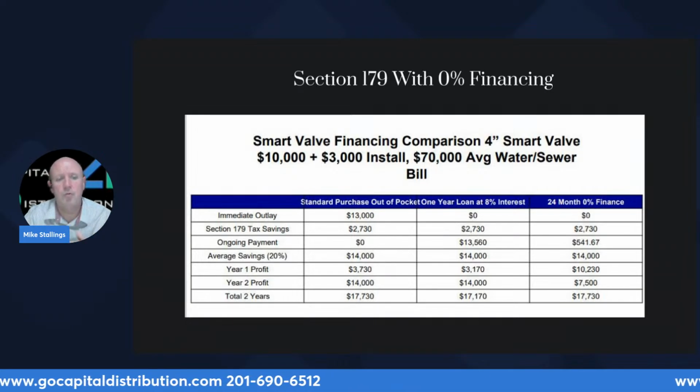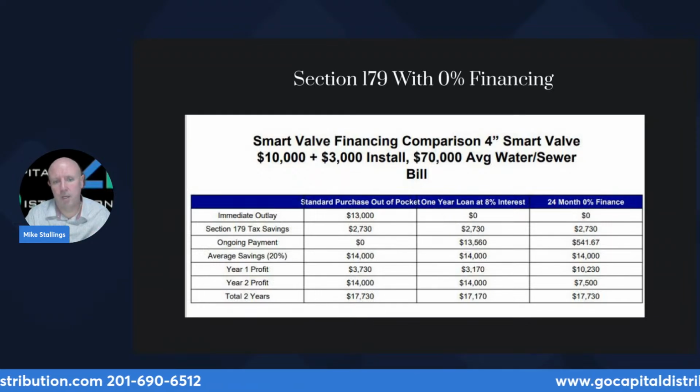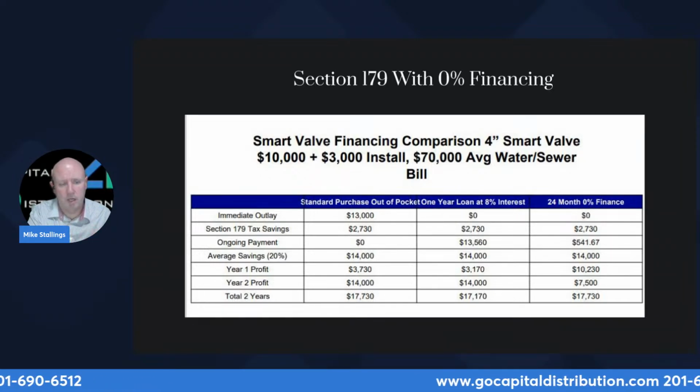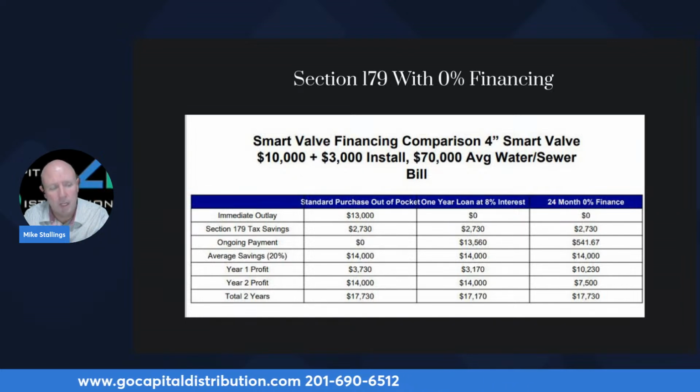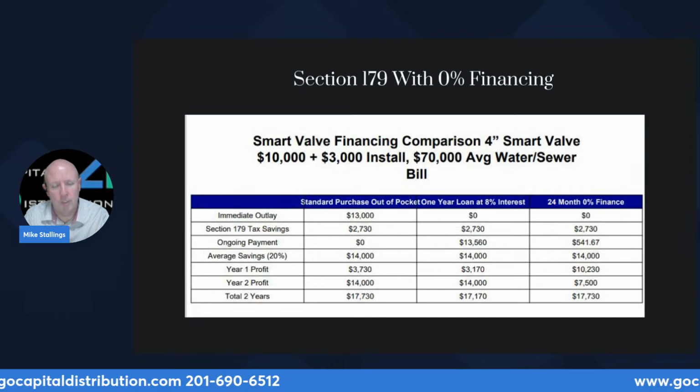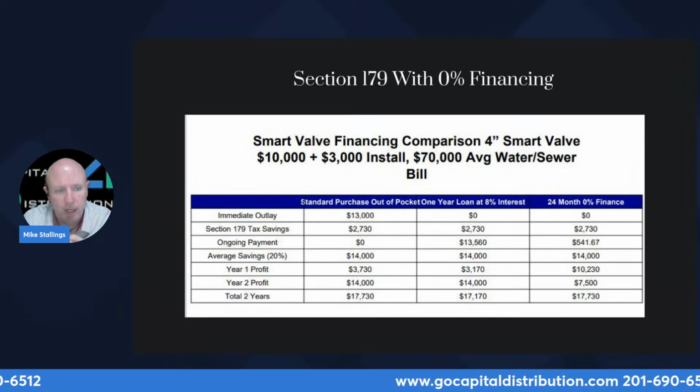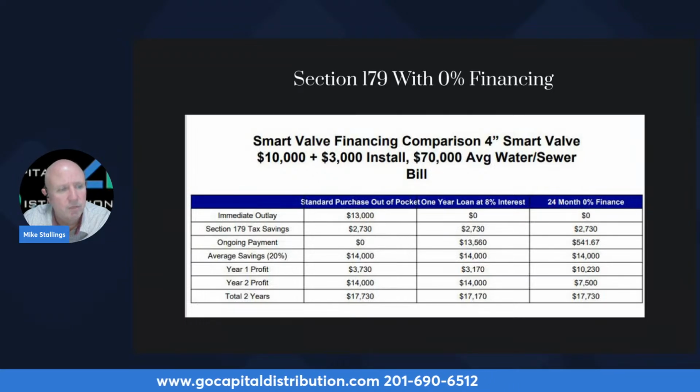But what if you could do the same thing and not get column 1 there, which is the maximum benefit you can get in terms of this scenario, but not shell anything out and spread your payments out over 2 years? That's what the third column here is, and that's the power of this. You can shell nothing out, get the same 179 tax deduction, saving about $2,700.